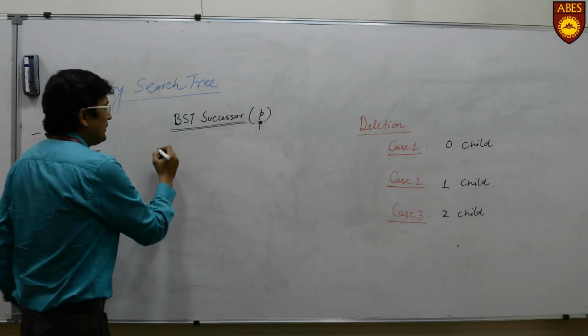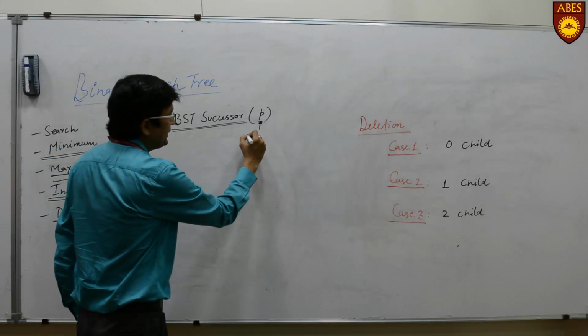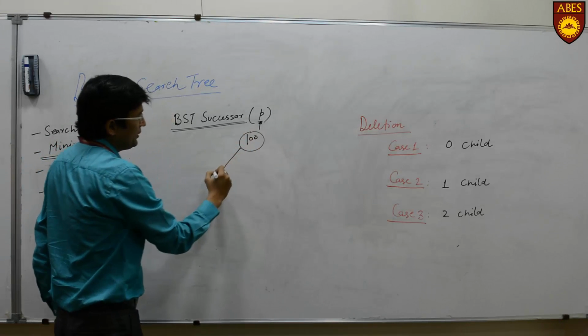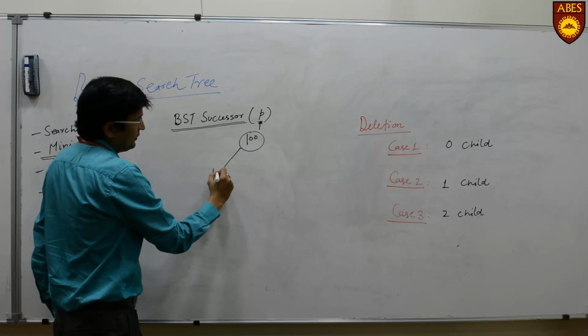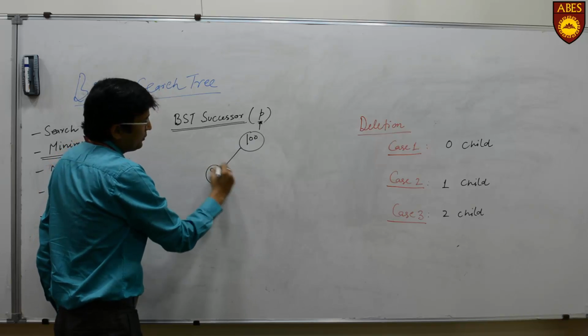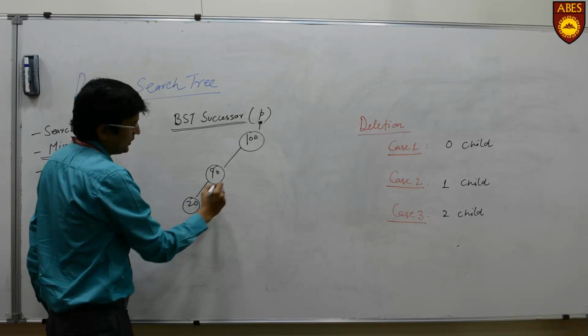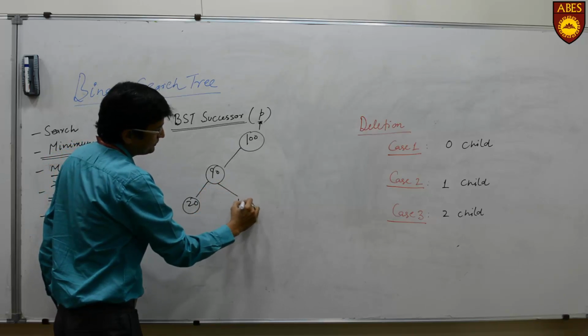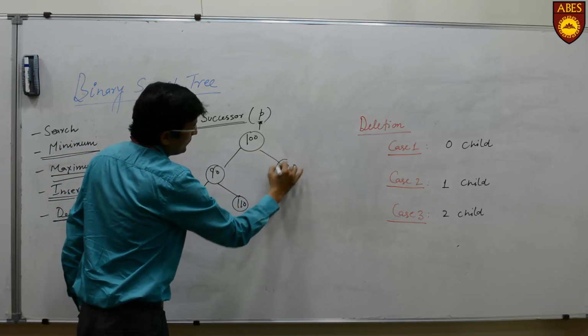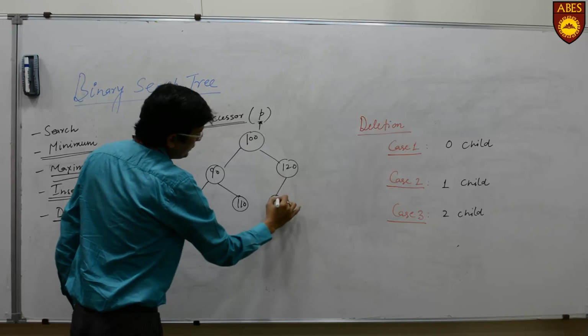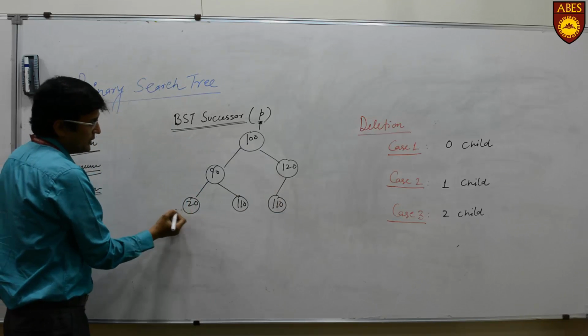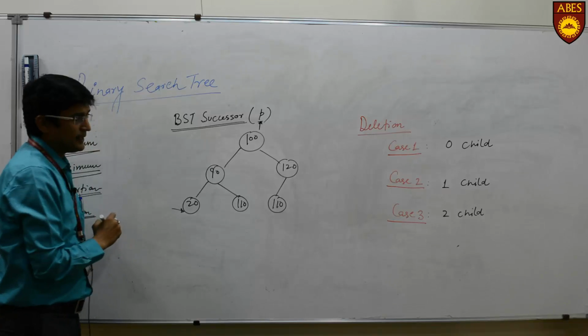For the deletion, we have three cases. In the binary search tree, the given node which is to be deleted is having only one child or zero child or two children. Suppose we want to delete this element. So this element does not have any child.